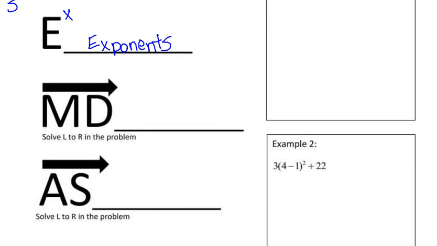Then we have the multiply or divide from left to right. So you have to work from the front to the back of the problem with all your multiplication and division, no matter which one comes first.